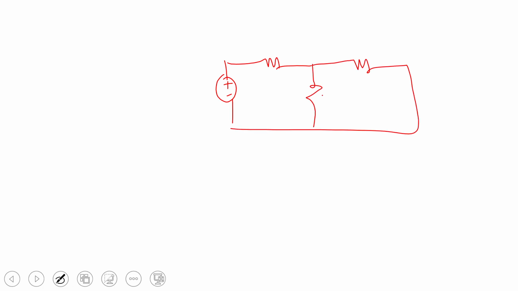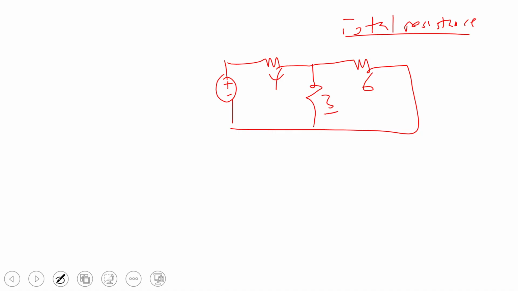Now, one thing I want you to know is we have learned two things: series or parallel. The fact that something is not in series doesn't mean it's in parallel, right? We looked at something like this. Most of the time, if you want to find total resistance, you have to check which ones are in series and which ones are in parallel.